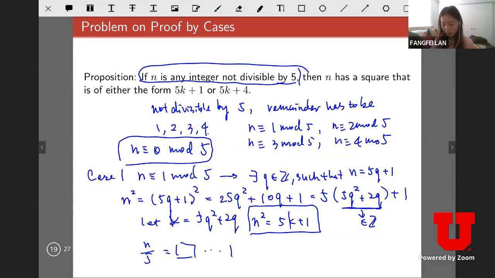That's what we're saying with n is equal to 1 mod 5. So when this number is divided by 5, there is a remainder of 1. You can imagine, let's say this quotient is q. Then we have n is equal to 5q plus 1.